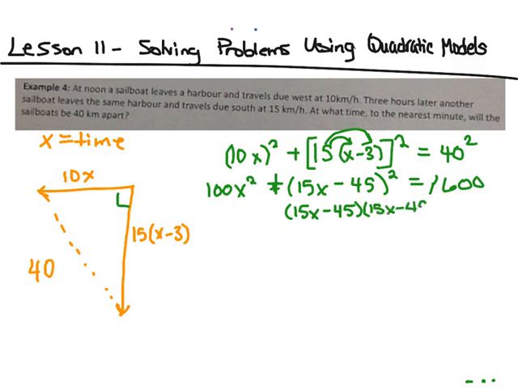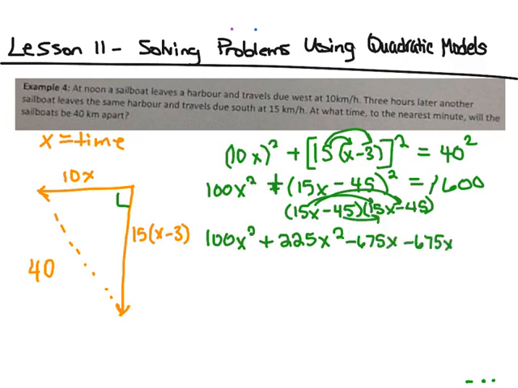So we have 100x squared plus 225x squared minus 675x minus 675x plus 2025 equals 1600.